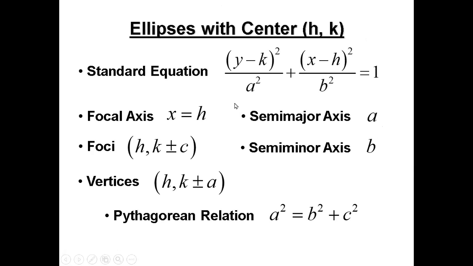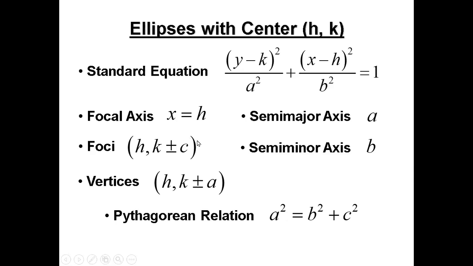How about if our major axis is vertical? By observing the standard form, we can see a squared is located in the denominator of the quantity (y minus k) squared. Therefore, we can say that the graph is a vertical ellipse. All of these properties below are constant.